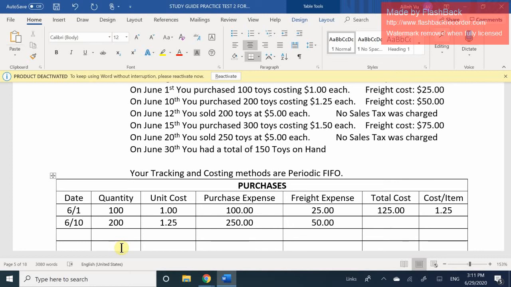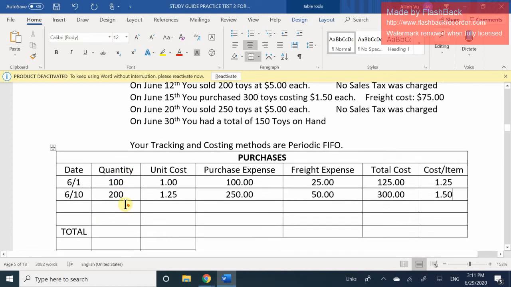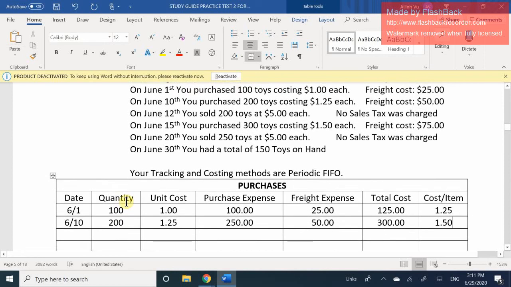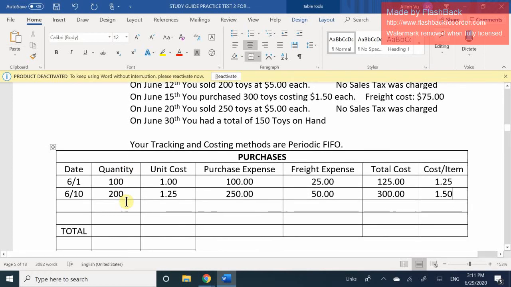And then the freight is $50. That's $300. And that's 300 divided by 200 equals $1.50 cost per item. Yes. All right. What happened on the 12th?